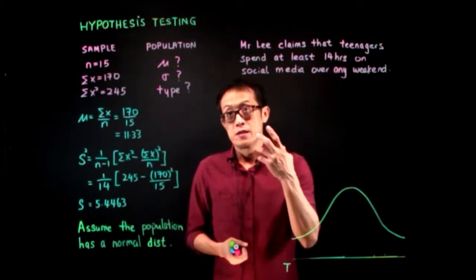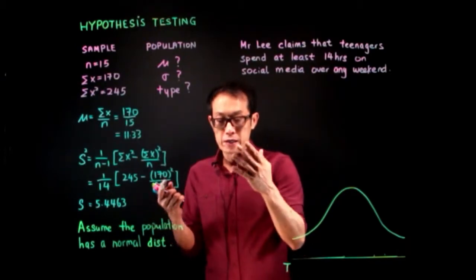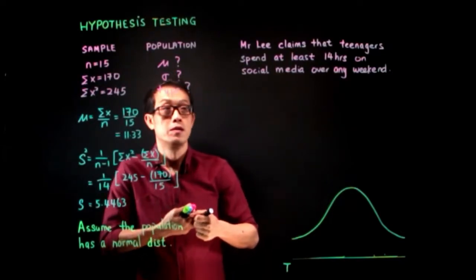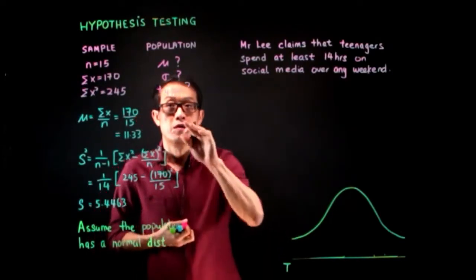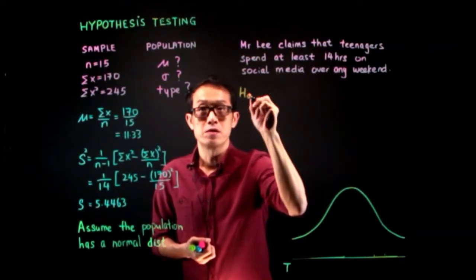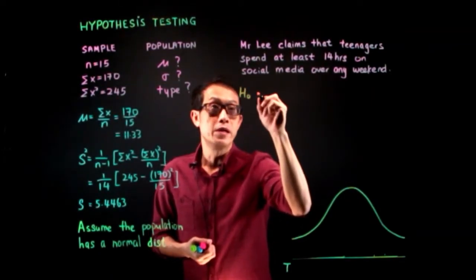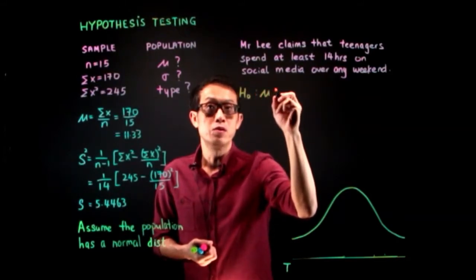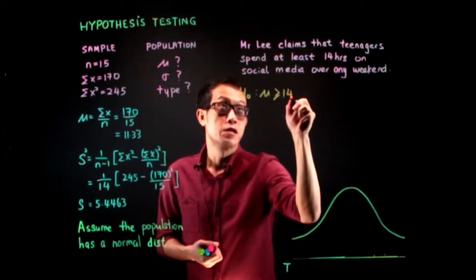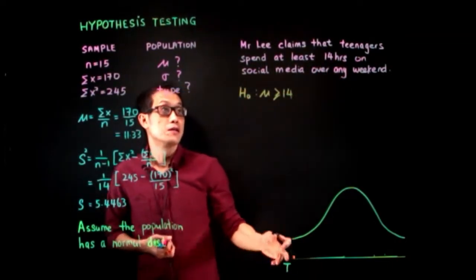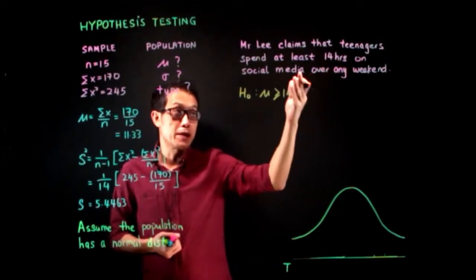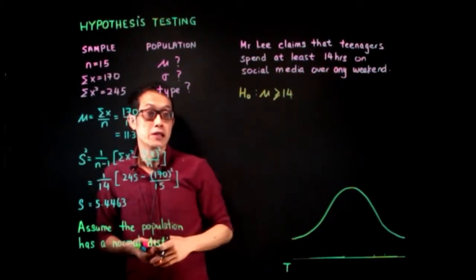So what are H naught and H1, the null and the alternative hypotheses? H naught will be mu is greater than or equal to 14, because Mr. Lee claimed that the teenagers spend at least 14 hours on social media.